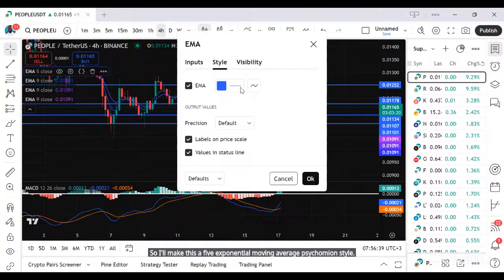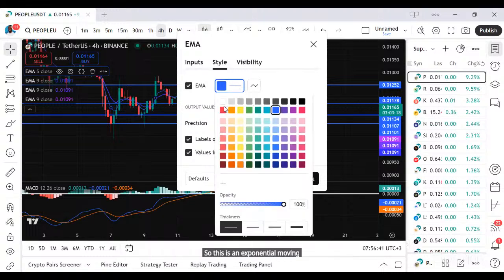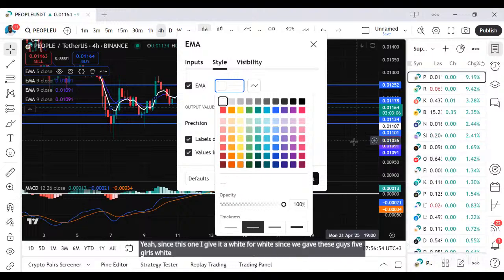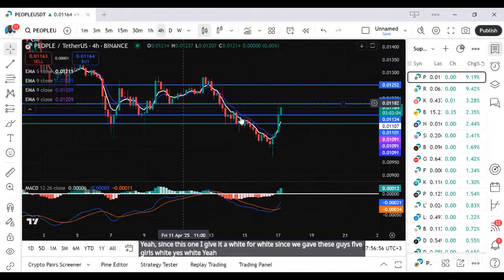This is an exponential moving average of 5, and I give it white, since we gave these guys 5 goals. So this white one is 5.